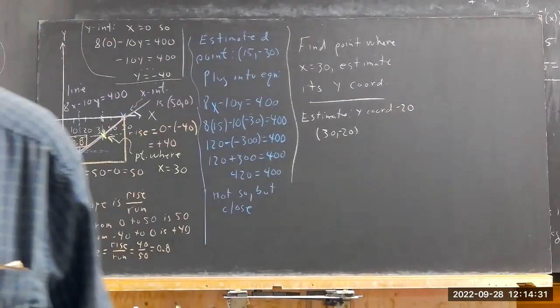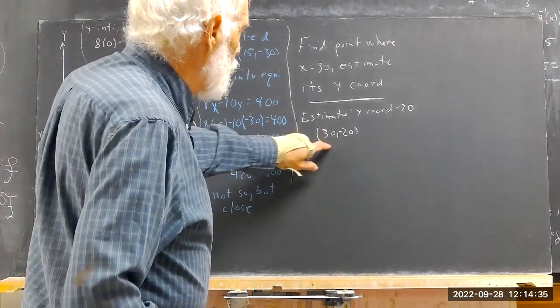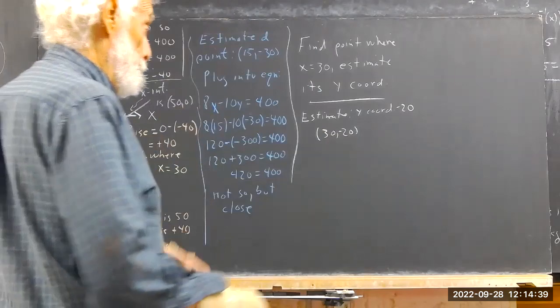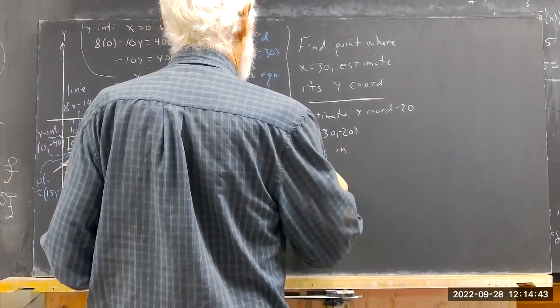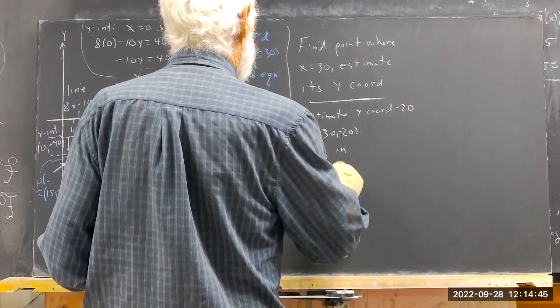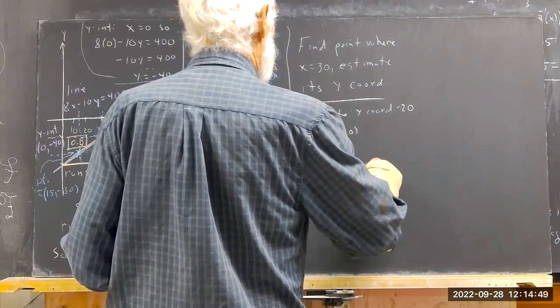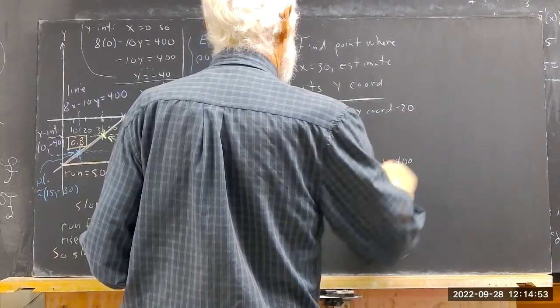Okay, so the estimate was the y coordinate negative 20. So we have the point (30, negative 20). We plug those numbers in, and we get 8x, which is 8 times 30, minus 10y, which is 10 times negative 20, equals 400.